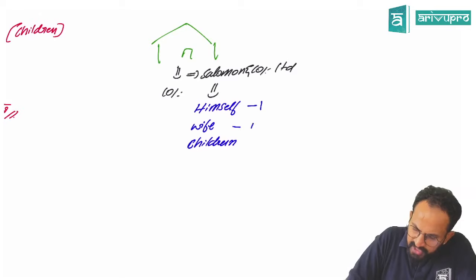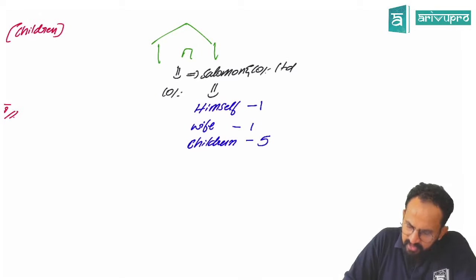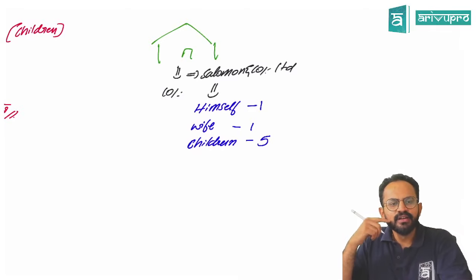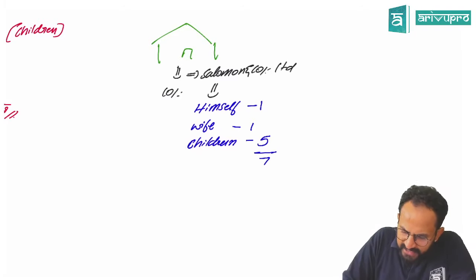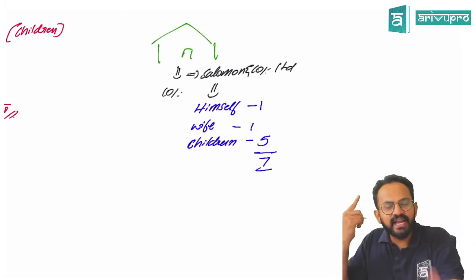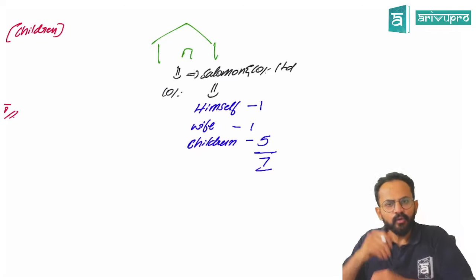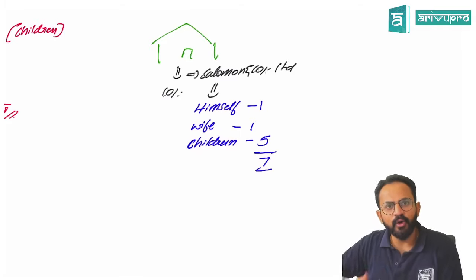Wife, he gave one share. Sir, and he had 5 children. He gave 5 shares to the children, one each. So total the company had 7 shares at the date of incorporation. In this way, Salomon could take all his family also into the business.